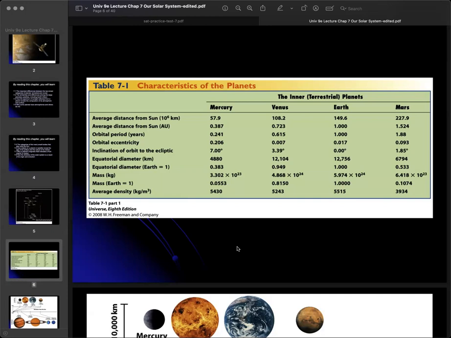Then let's look at mass. Again, we'll skip the actual mass in kilograms and we'll look at the relative mass with reference to Earth being measured as 1. Here something is important to know: when we see that Mercury's diameter is 38% that of Earth, it doesn't look like Mercury is that small. But because of how geometry works, this is a one-dimensional measurement.